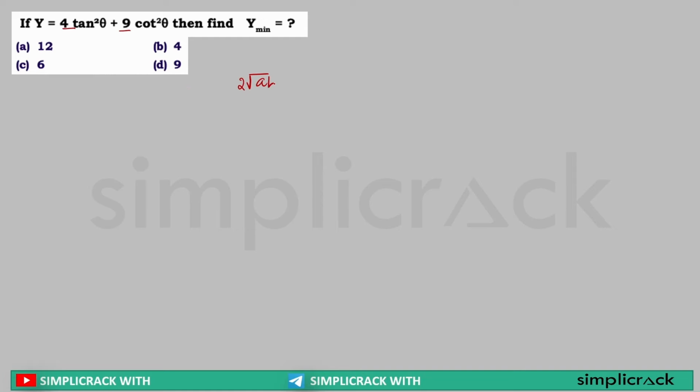Square root of 2ab. Maximum is infinite. If A is greater than B, the same rule applies. So here minimum value is equal to what? Minimum value is equal to 2 into square root of 4 into 9, that is 2 into square root of 36, that is 2 into 6, which is equal to 12. Answer option A. Clear? Yes or no?